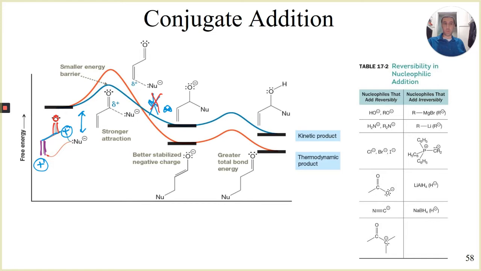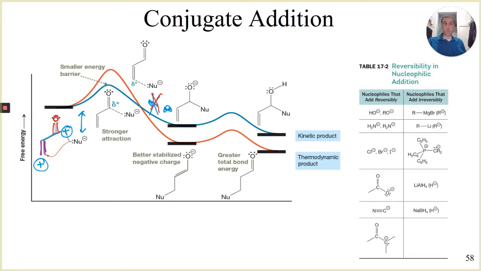So nucleophiles that add irreversibly will form the kinetic, but now they can't revert back, which means anything that is moved across to the kinetic stays as kinetic product. Anything that moves to thermodynamic will also stay as thermodynamic, but usually if you're running under these conditions, you're running with lower temperatures, which means very few molecules ever clear the activation barrier to the thermodynamic product. And so the preference that you get is just the kinetic.